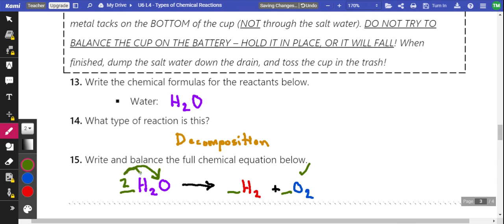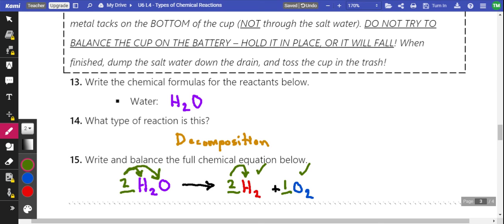That also affects my number of H's. So actually now I have 4 H's on the left instead of the 2 I expected. So I've got to fix this guy too. Put a 2 as its coefficient. 2 times the 2 H's gets me 4 H's to match the 4 H's over here. And then everything's good to go. So 2 H2O's should be able to break down into 2 H2's and 1 O2. And that's my full balanced chemical reaction equation for the decomposition of water.